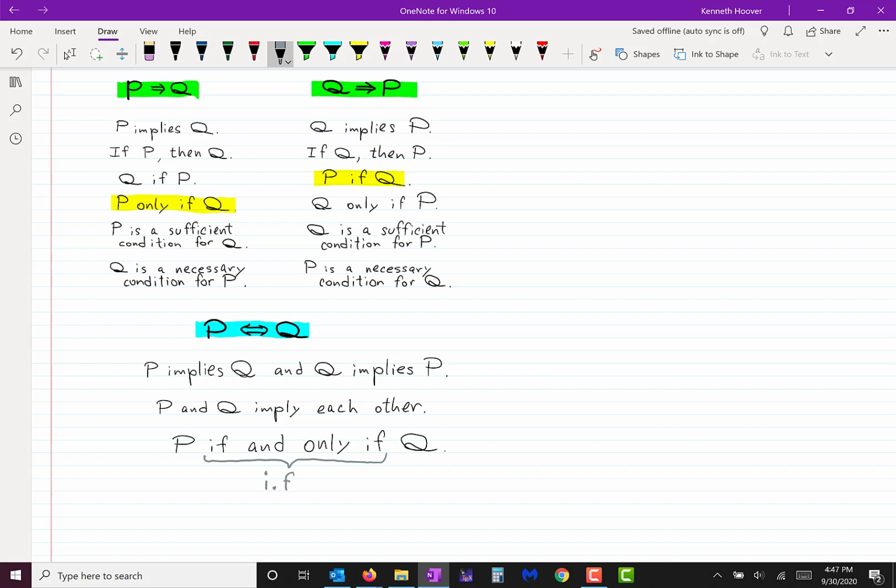Don't try to make sense of that because it doesn't make sense. If it made sense, it would be IOI, but it's not. IFF is supposed to stand for if and only if. Okay? And one more. If you like the words necessary and sufficient, we can use those.